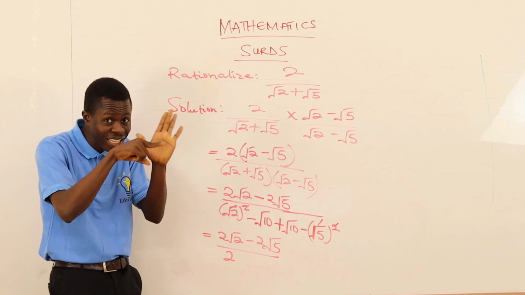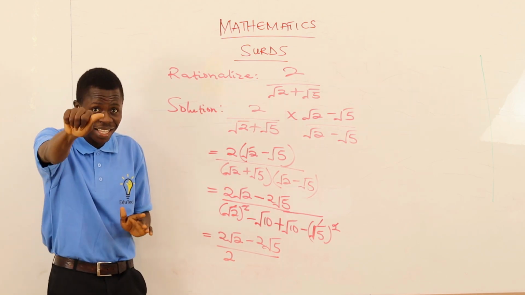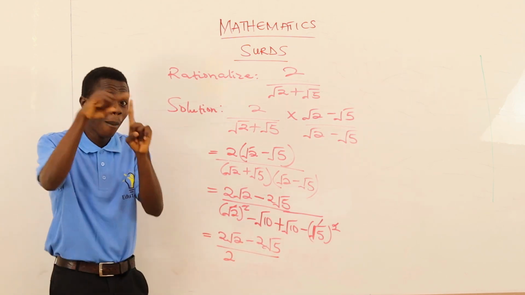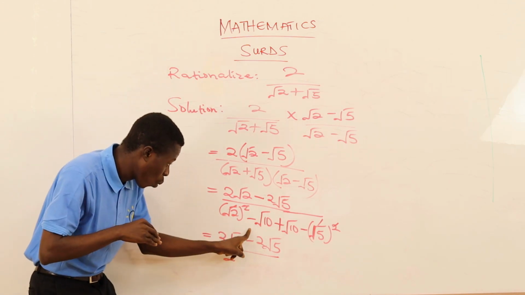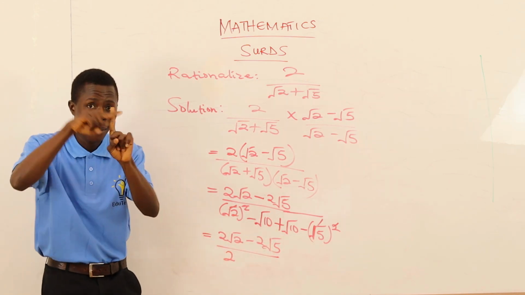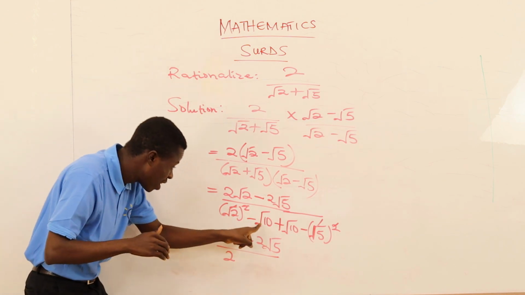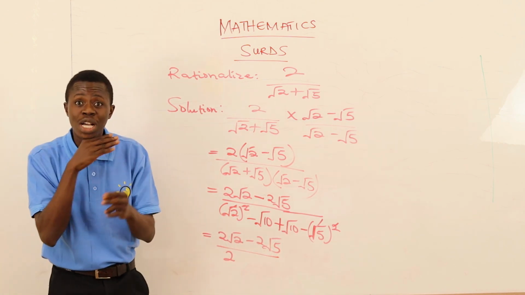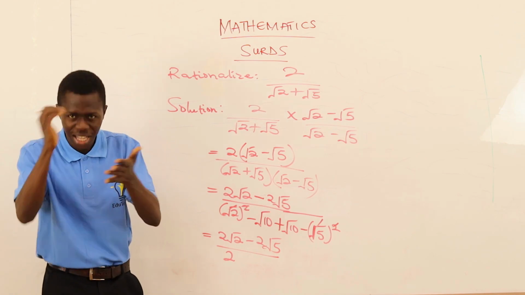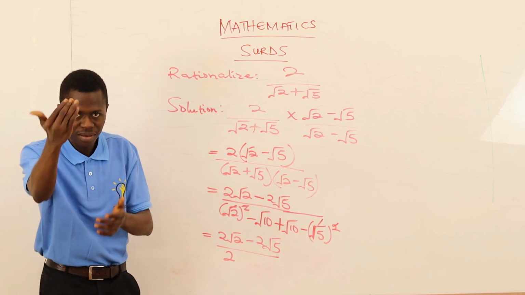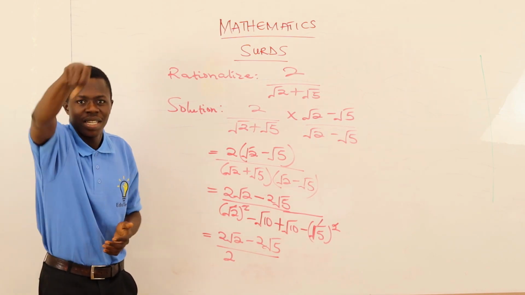Now what do you see there when you cancel the square root sign and the power? You are going to have 2, but you have minus square root of 10 and plus square root of 10, right? So you see that they are the same, so we subtract them.